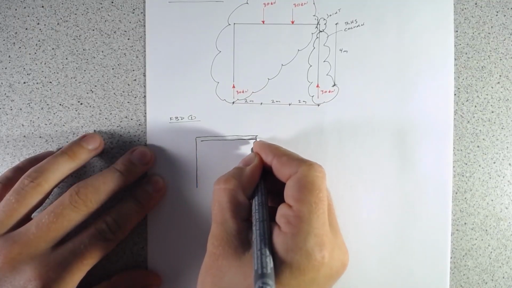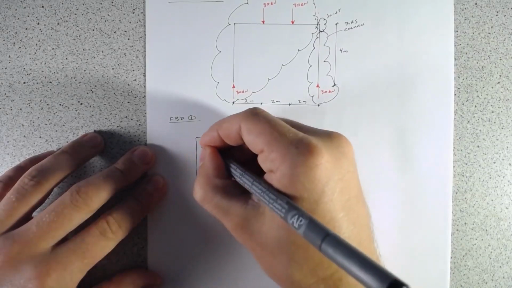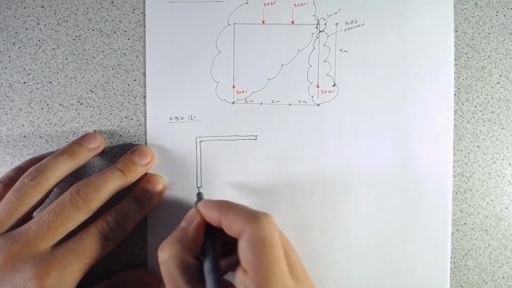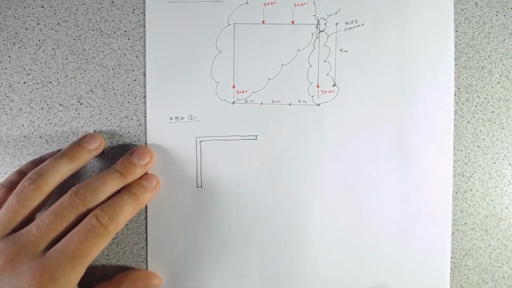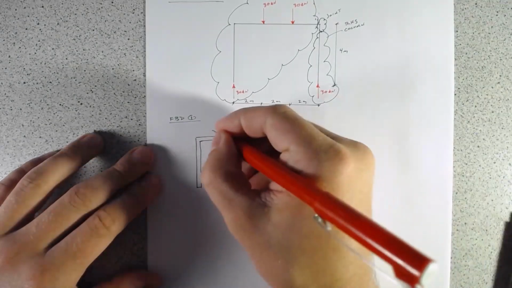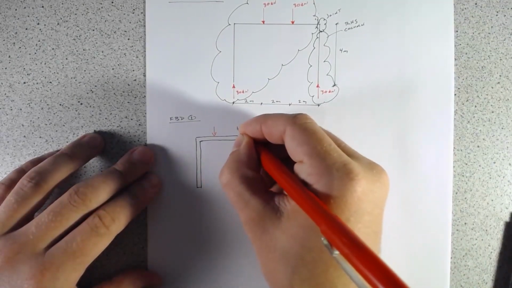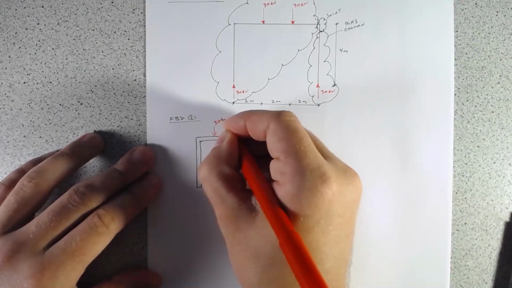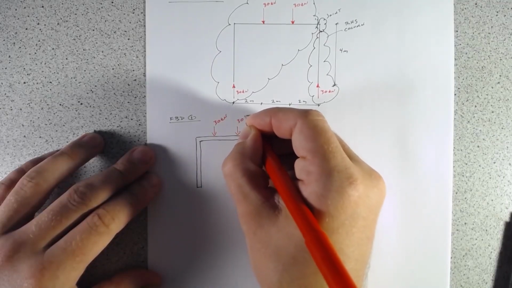And I'm just going to give the specimen a little bit of a thickness here, just to hopefully help make things make a little bit more sense to you. And my scale is off just a little bit, but that's going to be okay. 30 kilonewtons, 30 kilonewtons.